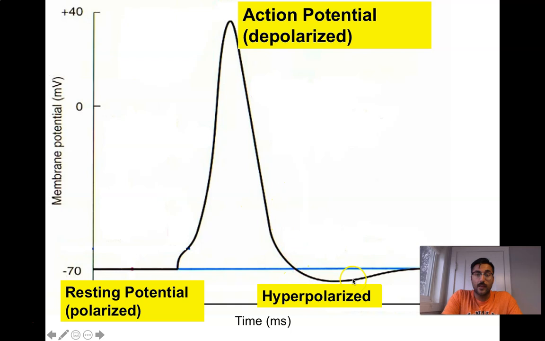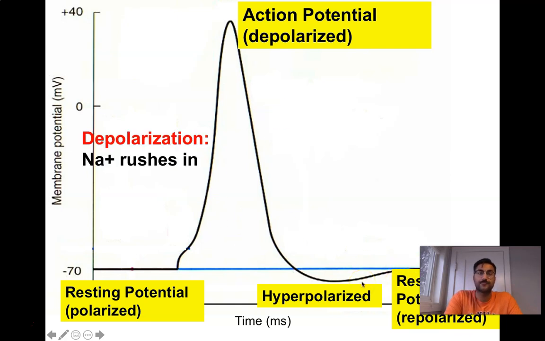Then we get to a point where we are hyperpolarized. We're even past the negative 70 millivolts, which we called polarized at the beginning. Now we go past that. We're even more negative than negative 70. And then it only stays at that point for a short amount of time and then levels back out to negative 70 millivolts. My face is probably cutting this off here, but this is resting potential, and this is where you get repolarized. I'll explain all four of these sections to you.